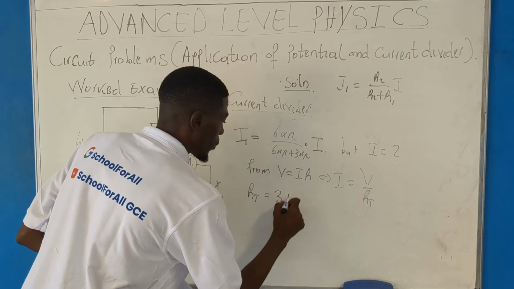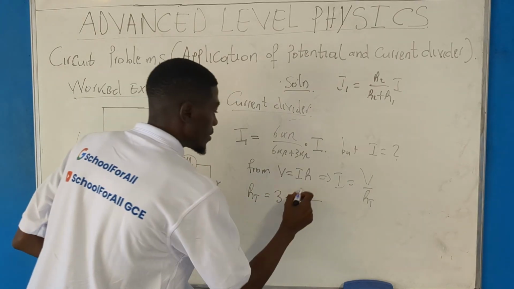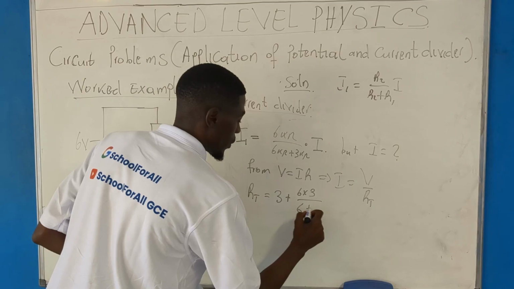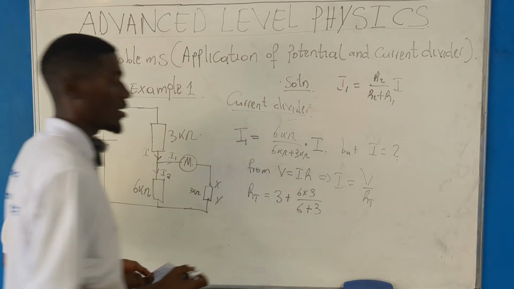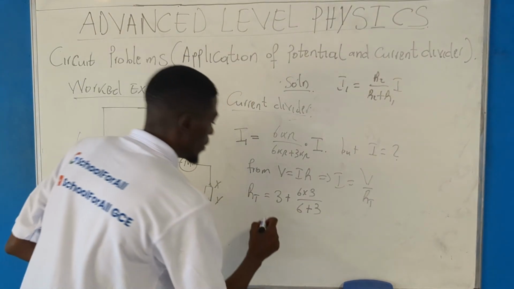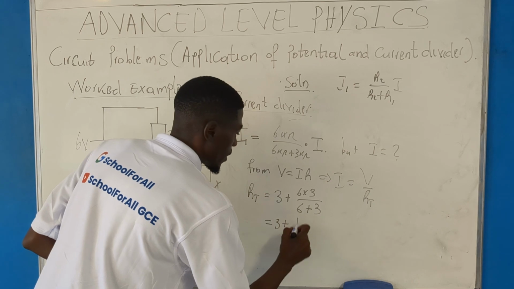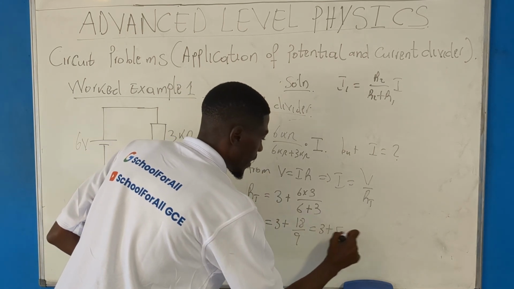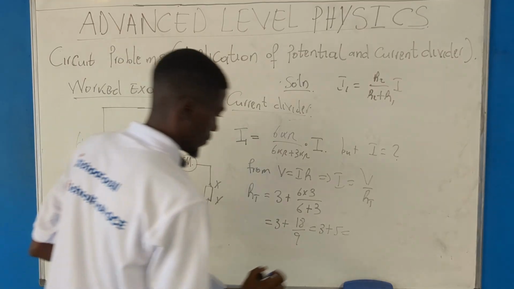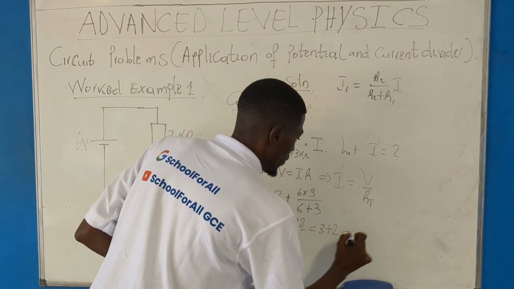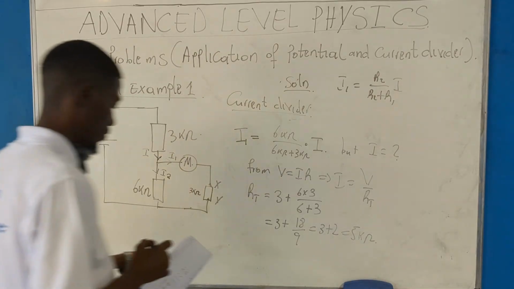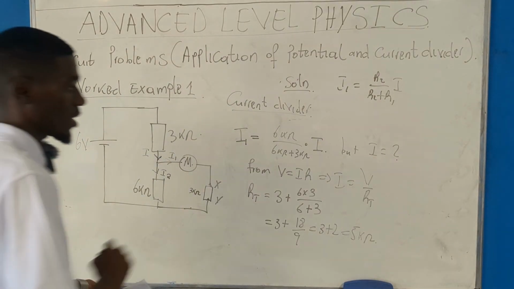So it will be 3 plus 6 times 3, all over 6 plus 3, parallel, product all over sum. So it will be 3 plus 18 over 9, which is 3 plus 2, making 5 kilo ohms. So that is R total.